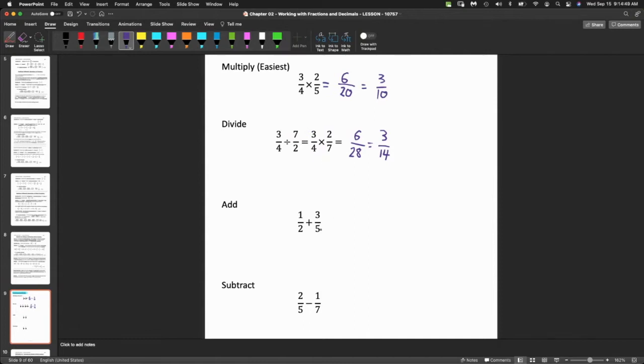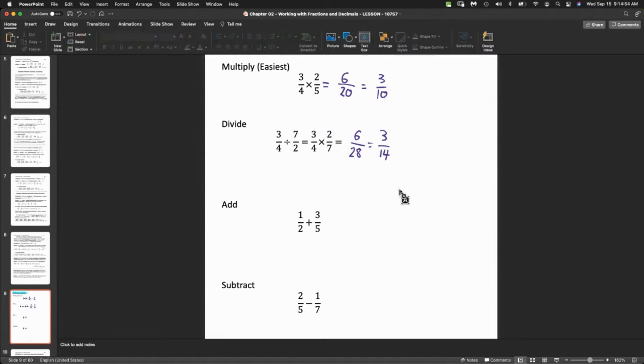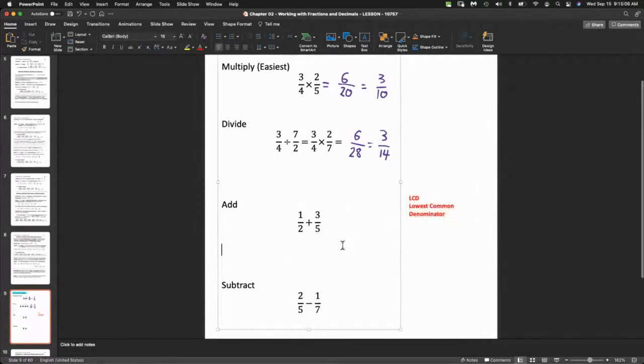Now, in this case, addition and subtraction, do you remember getting the lowest common denominator? So I'll just say here LCD. Don't forget that you get the lowest common denominator. In this case, the lowest common denominator is 10.